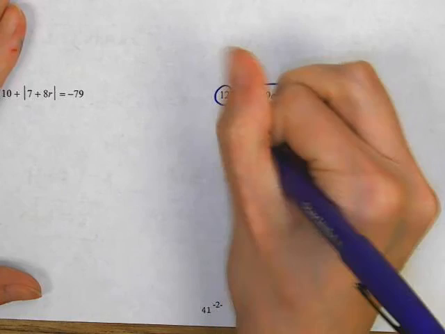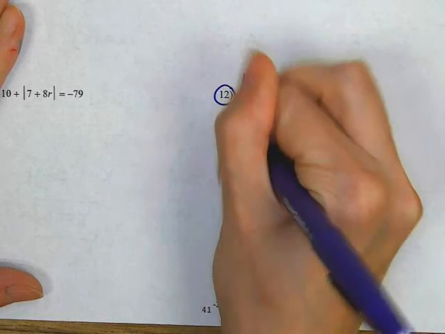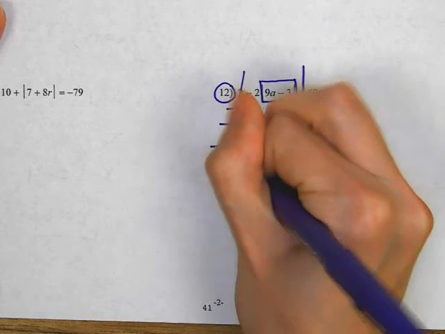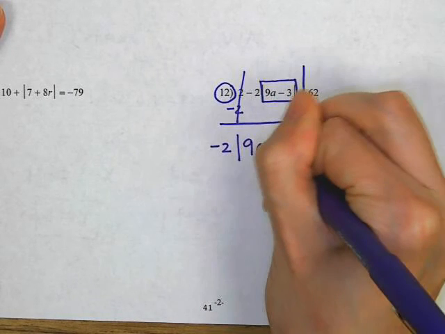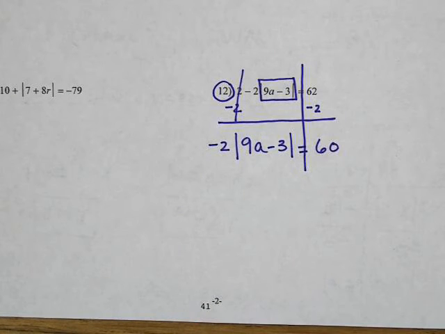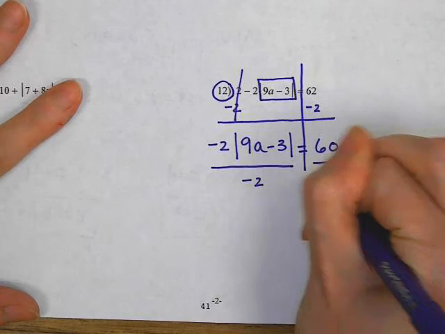First, we need to subtract the 2 over this 2. And we're left with negative 2 absolute value of 9a minus 3 equals 60. And then to further isolate, we need to divide both sides by negative 2.